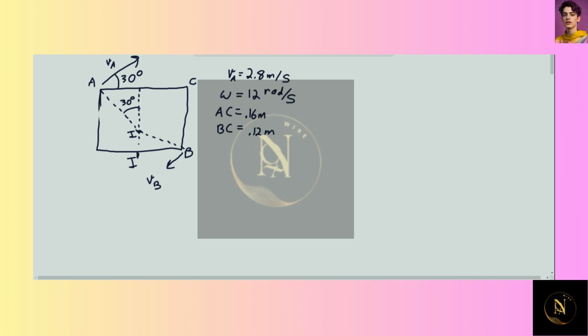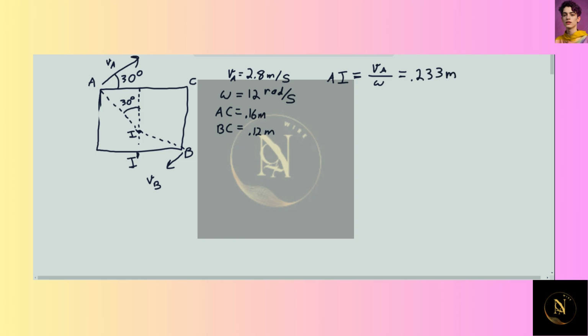First thing we want to do is find the distance to the instantaneous center of rotation from A. So this will be the length AI. That'll just be the velocity of A divided by omega. When we put the numbers in, that's 2.8 divided by 12, which gives us about 0.233 meters.